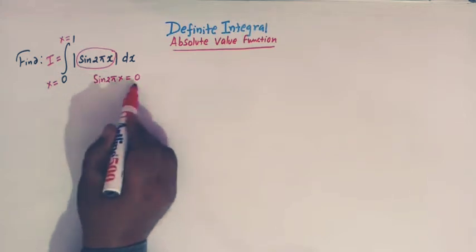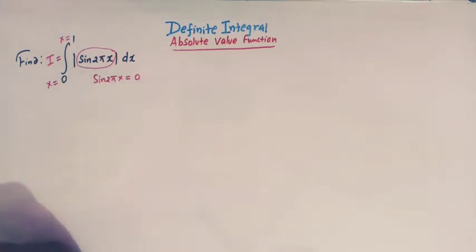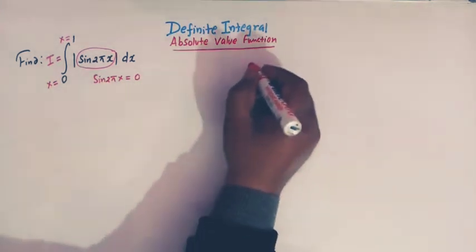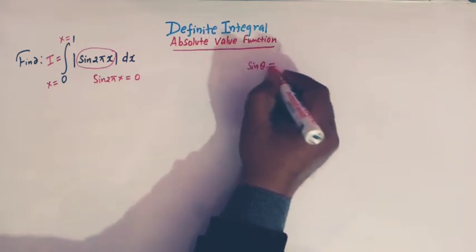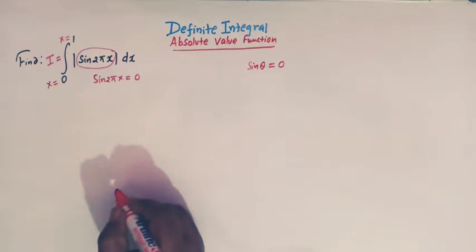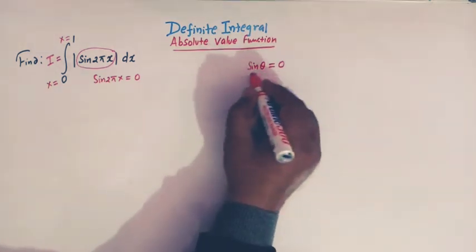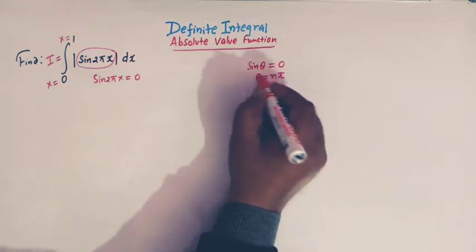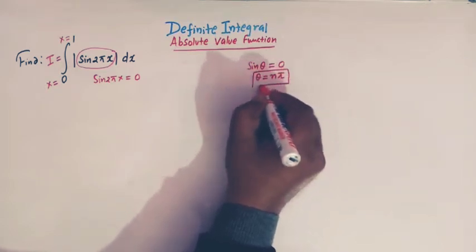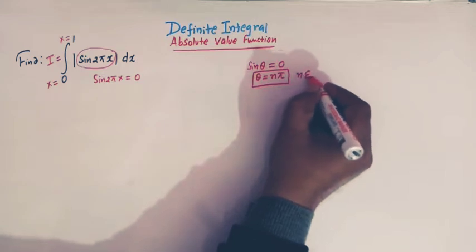Now this is a trigonometric equation. And we know that if we have a trigonometric equation of this type, sine theta is equal to 0, then the solution of this equation is given by theta is equal to n pi, where n is an integer.